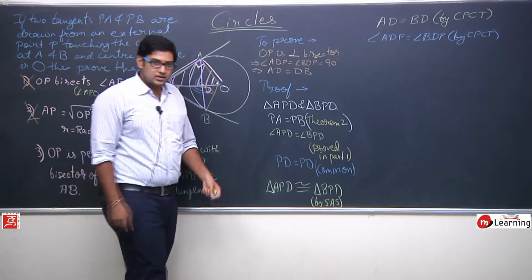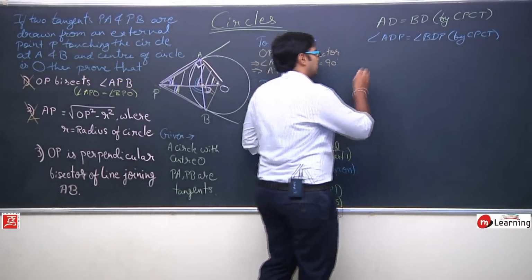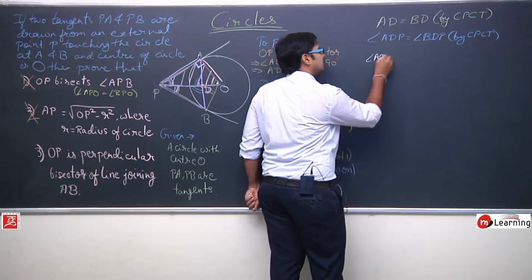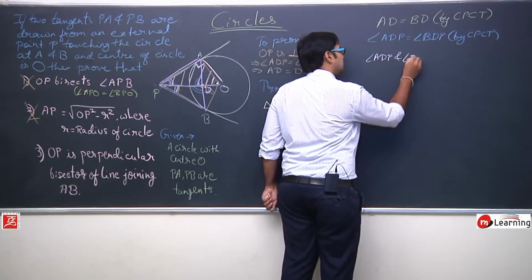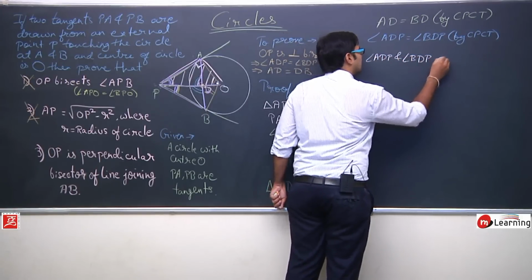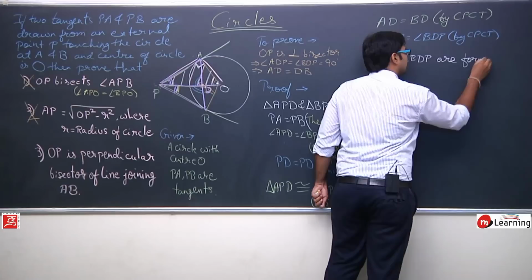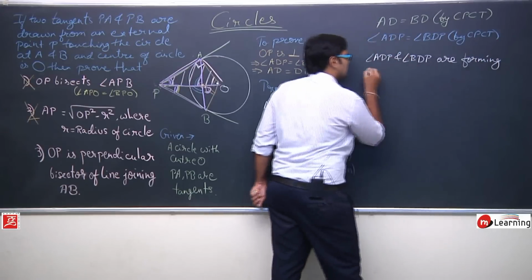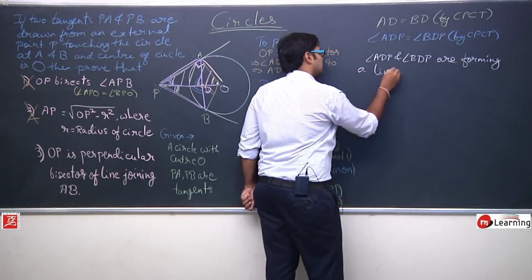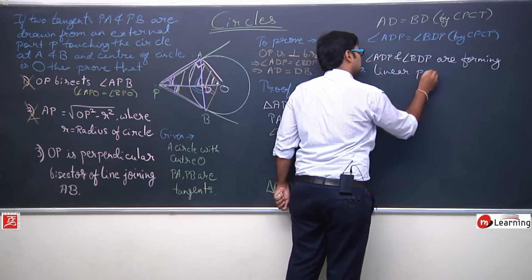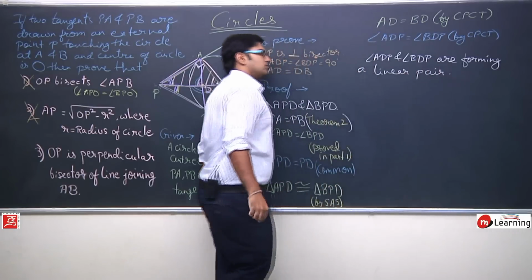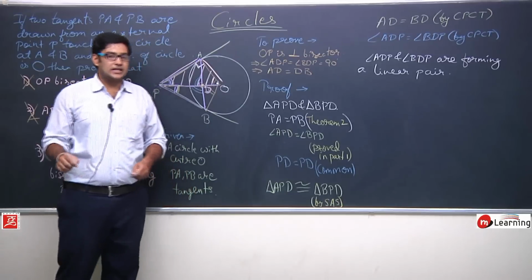Now observe it again very carefully that this OP is a straight line, this AB is also a straight line. So you will find angle ADP and angle BDP are forming a linear pair. ADP and BDP are forming a linear pair.